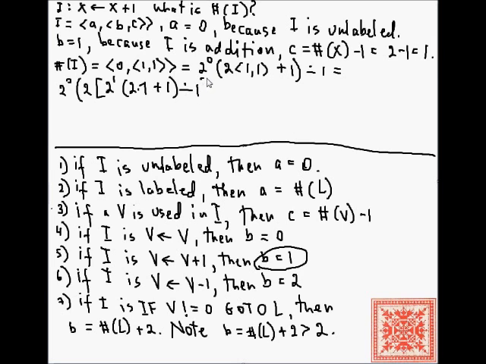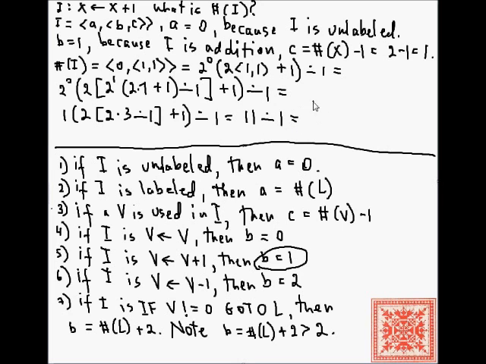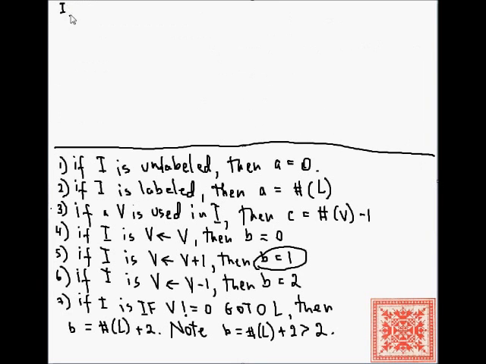So this is equal to 2 times 3, dot minus 1, plus 1, dot minus 1. This is equal to 11 dot minus 1. That's equal to 10.